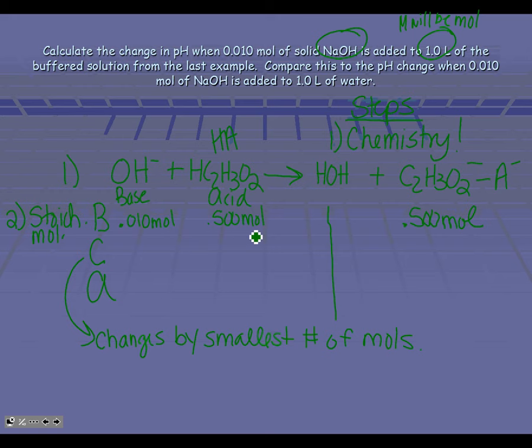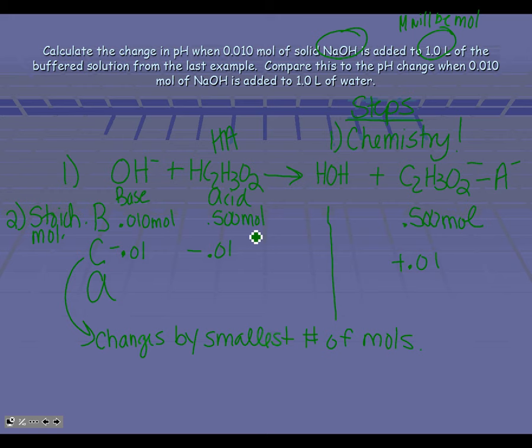So when we look up here, we've got 0.01 moles of hydroxide, or 0.5 moles of our acetic acid. 0.01 is smaller, so we're going to do minus 0.01, minus 0.01. We're going to lose on the reactant side, and just like before, we're going to add on our product side.